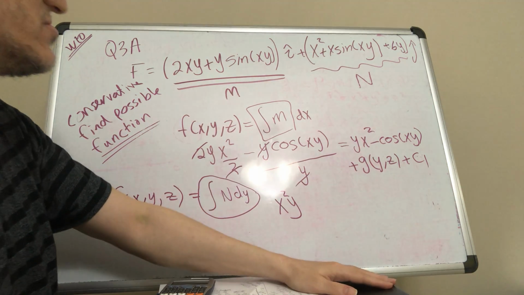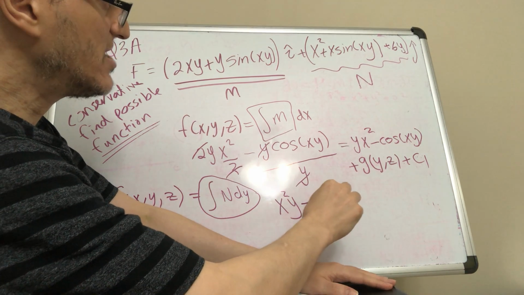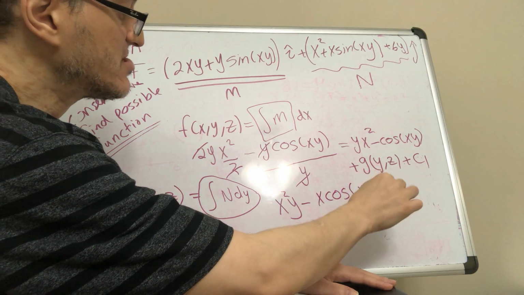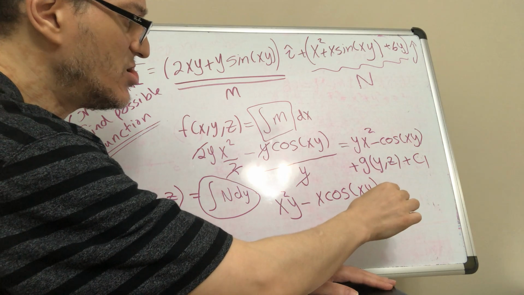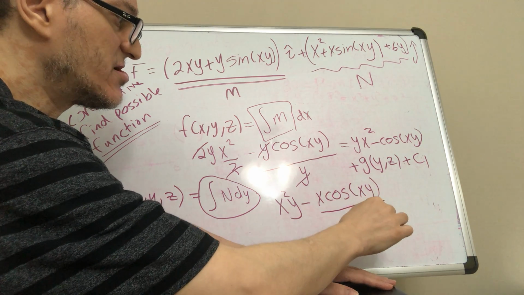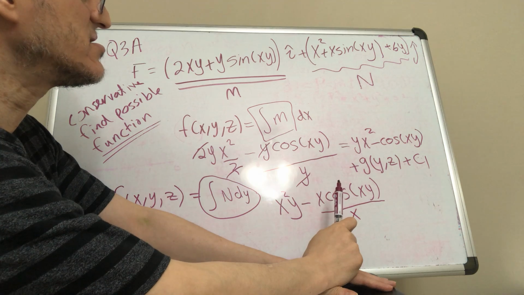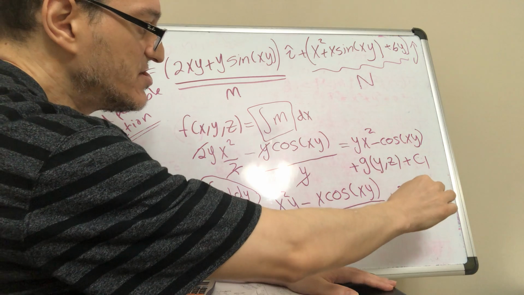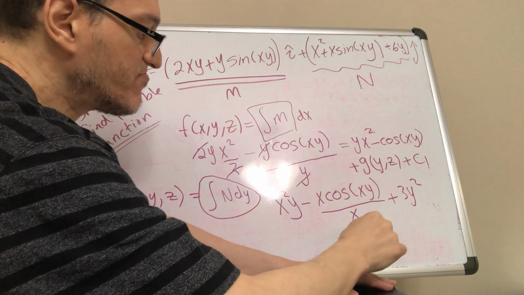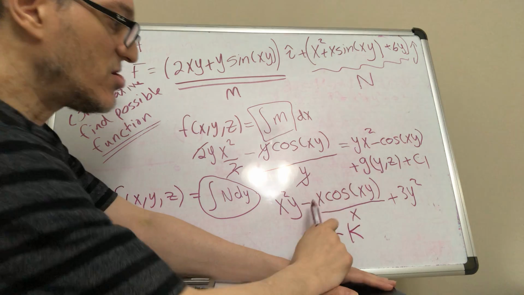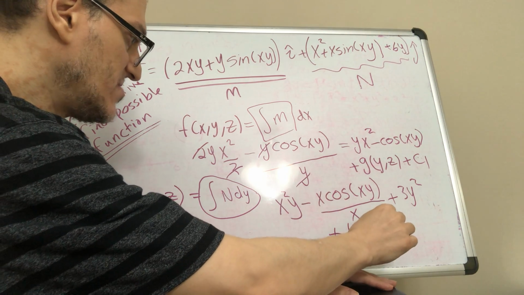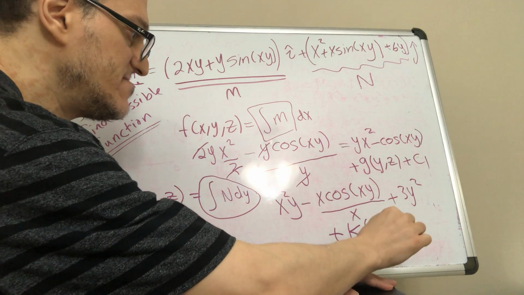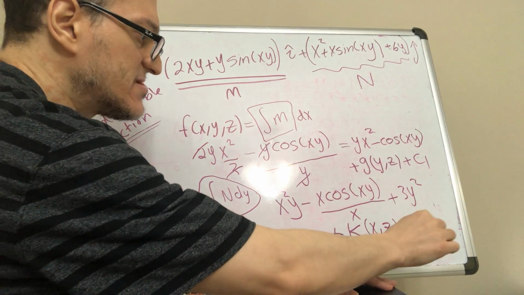Integrating this with respect to y would be negative cosine xy over the constant in front of y, which is x. And the integral of 6y would be 3y squared plus another function, I'm going to call it k, in terms of the other two variables. So this is y, so in terms of x and z, plus a constant C2.